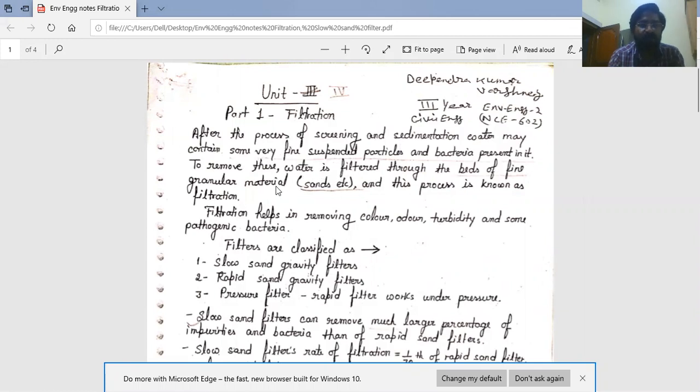To remove these, water is filtered through beds of fine granular material or sand, and this process is known as filtration. Filtration helps in removing color, odor, turbidity, and some pathogenic bacteria.